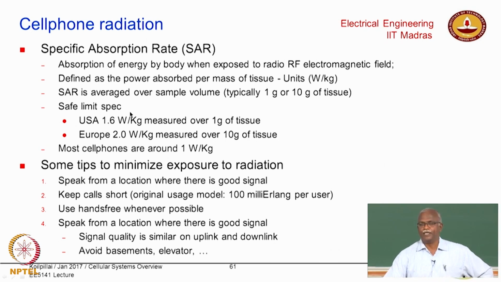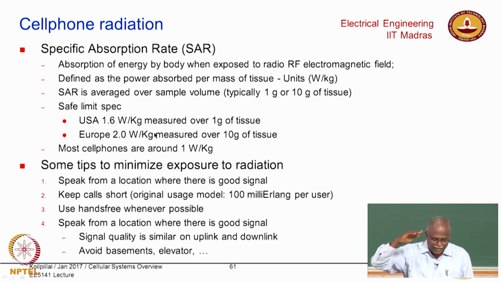The safe limit, that means there is absolutely nothing to worry about radiation, if the SAR value is 1.6 in the US, and it is 2.0 in Europe. Now, keep in mind that this already has a significant factor of safety, a factor of 10 from the safe limit.